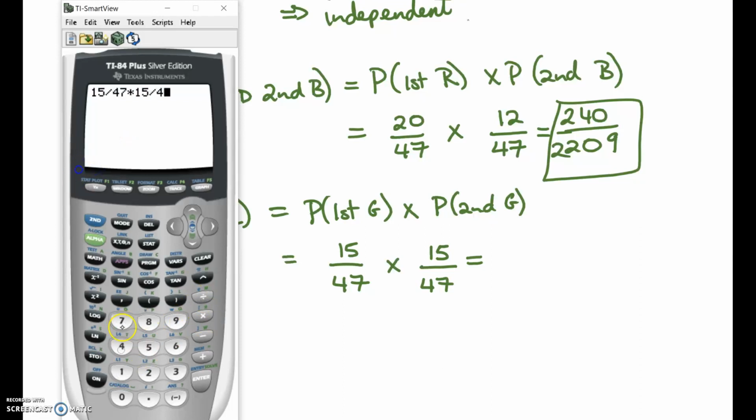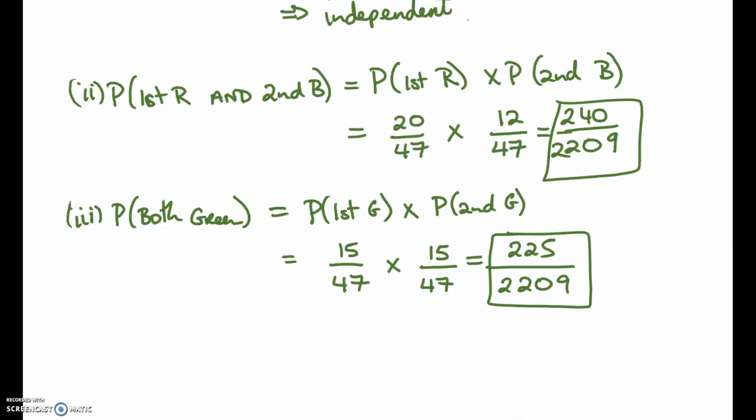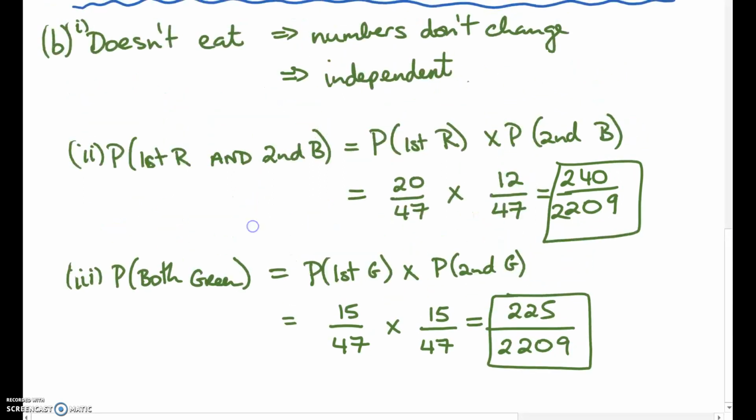We could have squared this, of course. 47 is that. Turn it into a decimal. 225 over 2209. Okay, so those are the probabilities. The numbers aren't very nice here, but because we started off with larger numbers, that's why we end up with these numbers being the way they are. Almost a 1 in 10 probability that you'll get 2 greens.